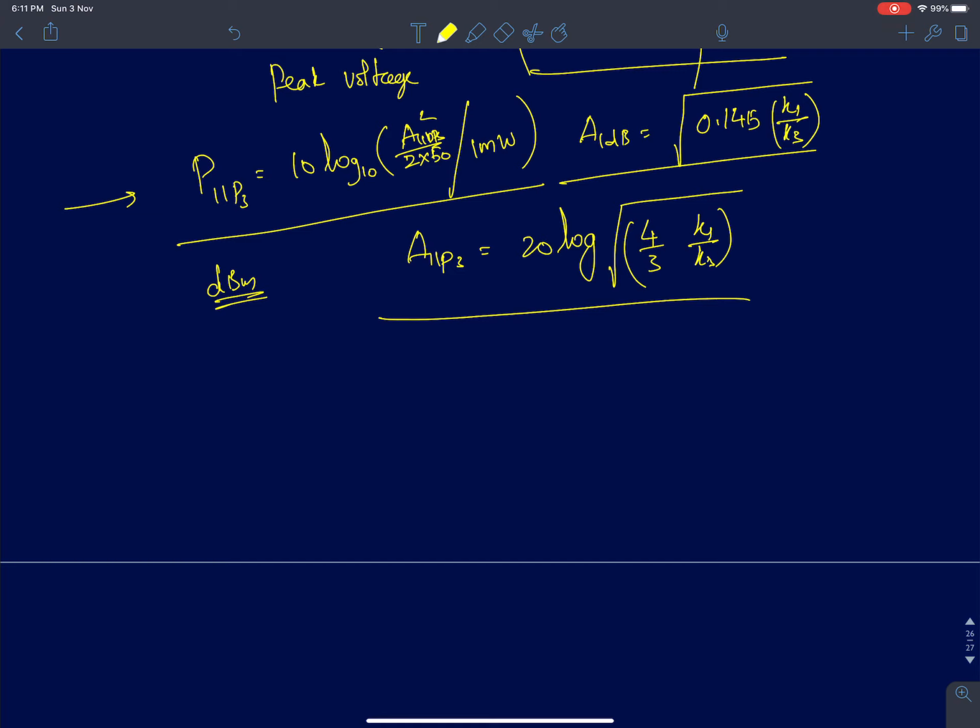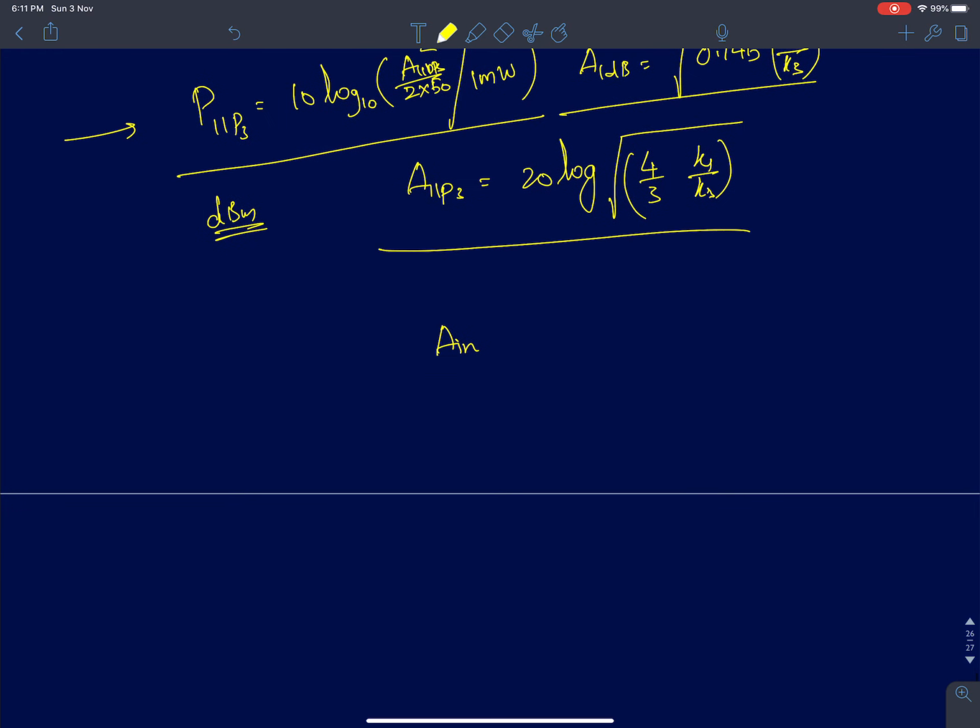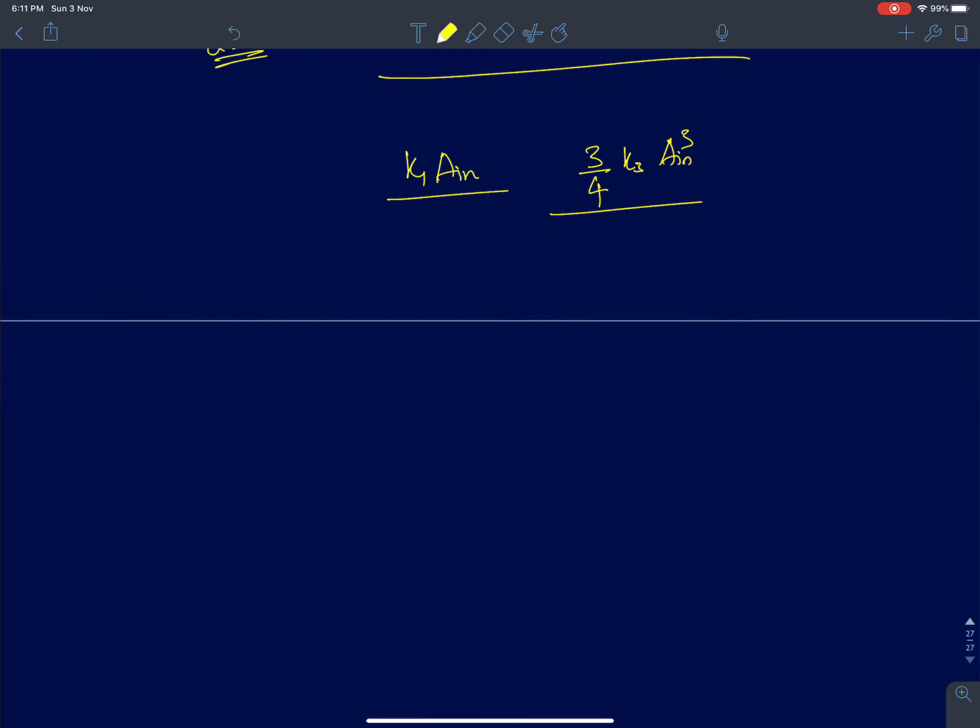For example, if I'm feeding a signal A in as an amplitude to the system, the first harmonic, or the signal proportional to this with the frequency, will be simply K1 A in. The intermod terms are 3 by 4 K3 into A in cube. So now I'm going to take 20 log of both and plot it.